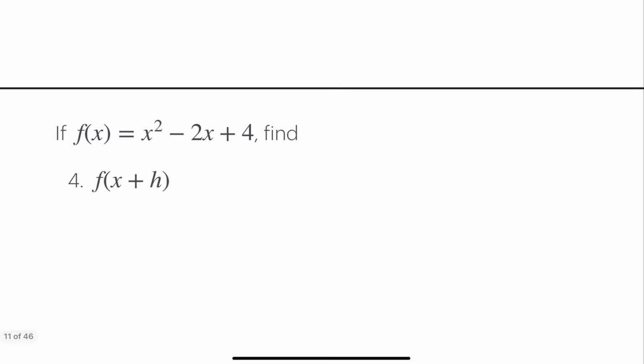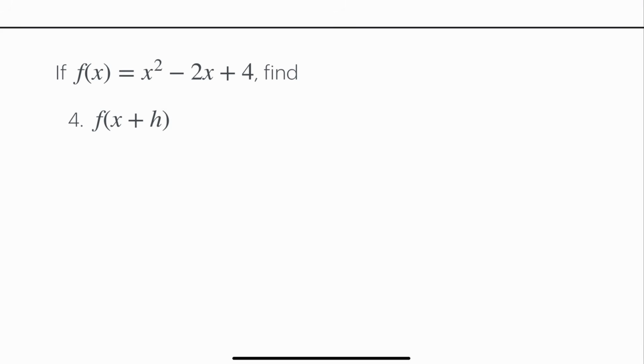Another example, we are looking for f of x plus h. This time, our x, our input, is the term here inside the parenthesis, and we are going to substitute that to the x here. So this would now be equal to x plus h quantity squared minus 2 times x plus h plus 4.